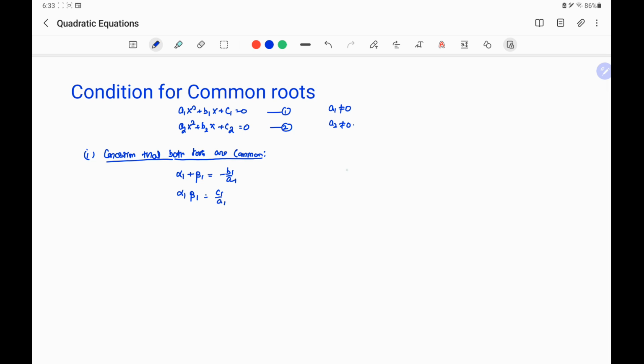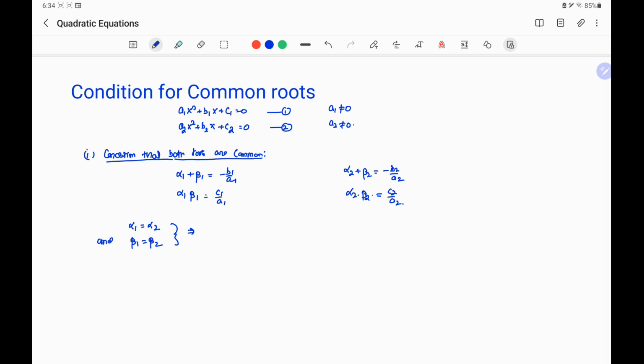Similarly, in equation 2, the sum of the roots is alpha 2 plus beta 2, equal to minus b2 by a2, and alpha 2 into beta 2, the product of roots, will be equal to c2 by a2. Because it is given that both roots are common, that means alpha 1 is equal to alpha 2 and beta 1 equal to beta 2.